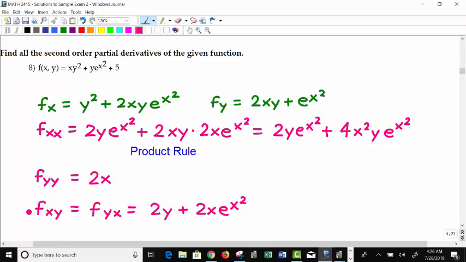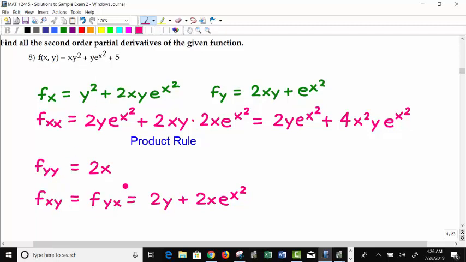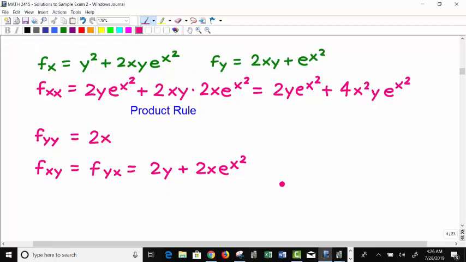Now the mixed partial, since I wrote f_xy first, I'll go with that. Because like I said before, there's two ways to do it. I'll take the y partial of the x partial. So the derivative of y squared will be 2y plus the y partial of this, where the derivative of y would just be 1.